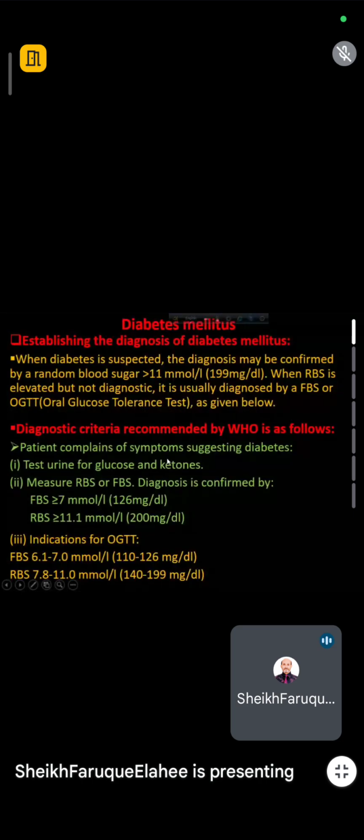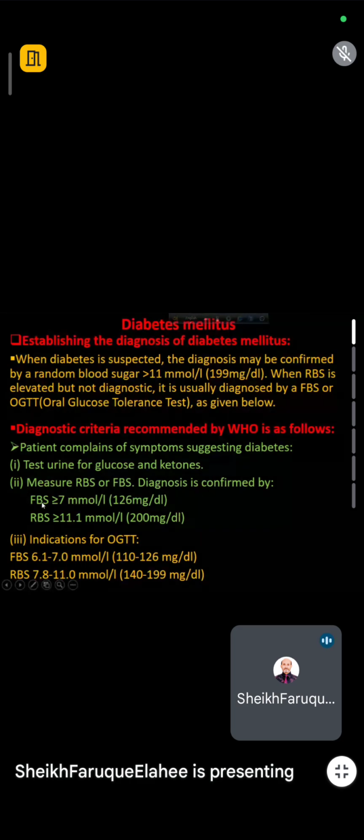You can do two things. You can send him for blood test, and at the same time you also do his urine. Why? Because in the urine there will be glucose and ketone bodies. If he has uncontrolled diabetes, he will have glucose and ketones in the urine. And you send him for fasting blood sugar.